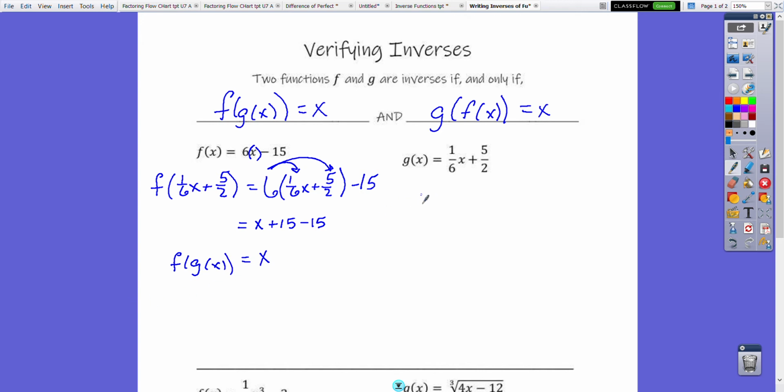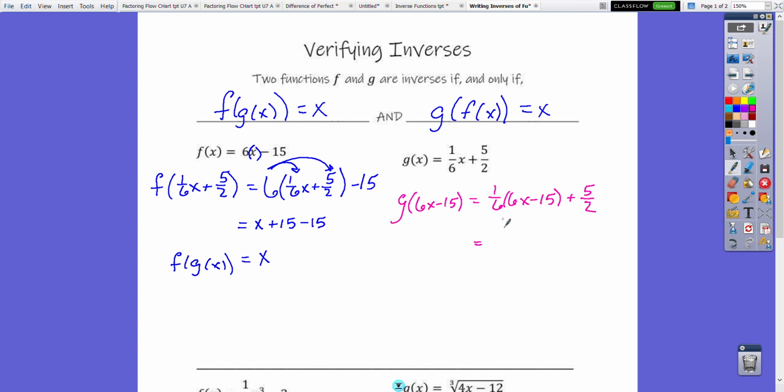Now I need to make sure that g of f of x gives me x. So what I'm going to do is say g of, and f of x is 6x minus 15. So then I'm just going to plug that in. So I have 1/6 times 6x minus 15 plus 5/2.